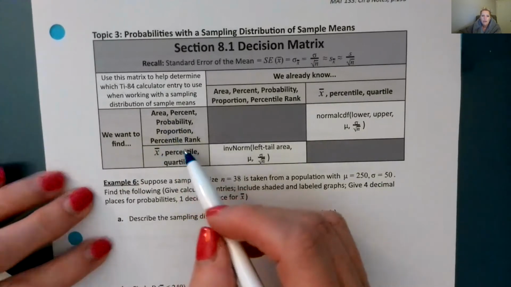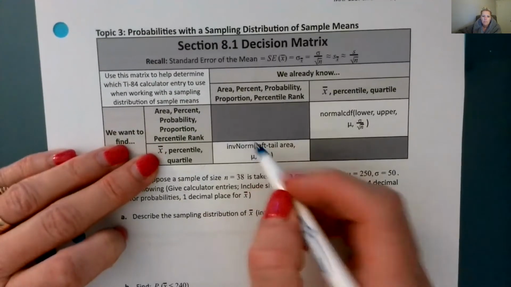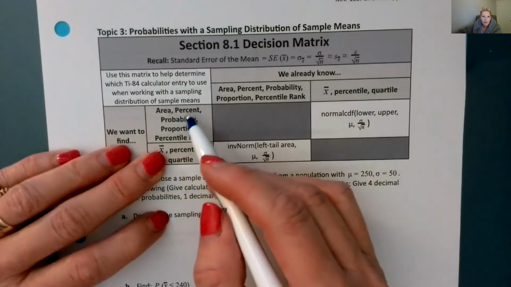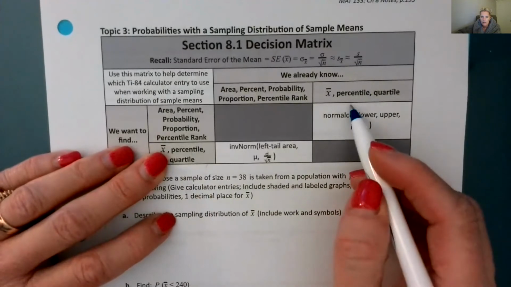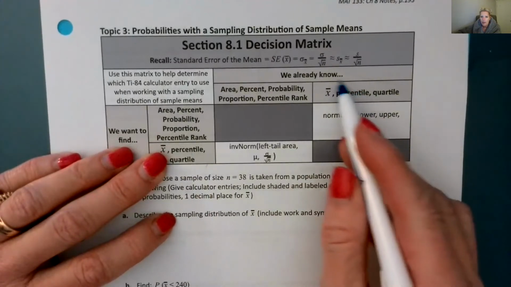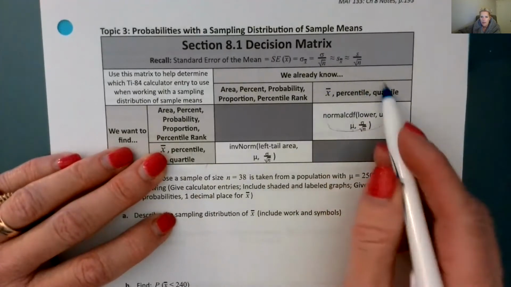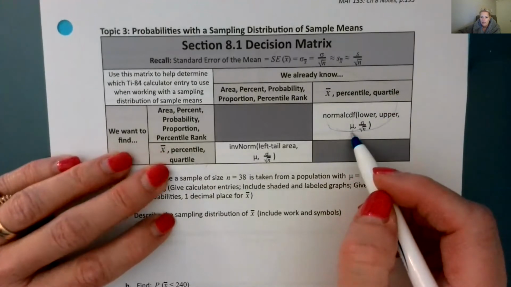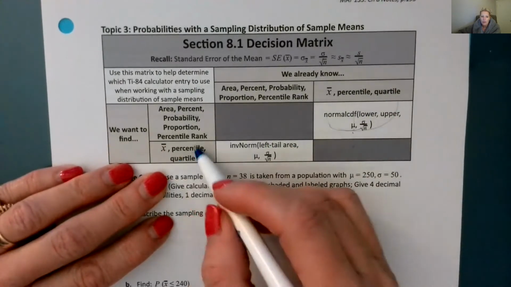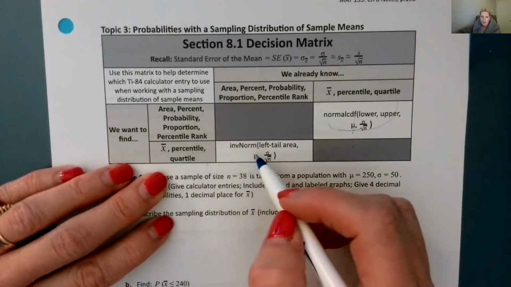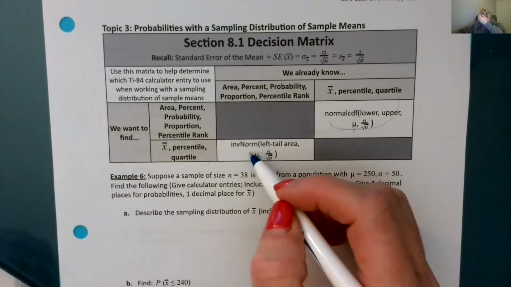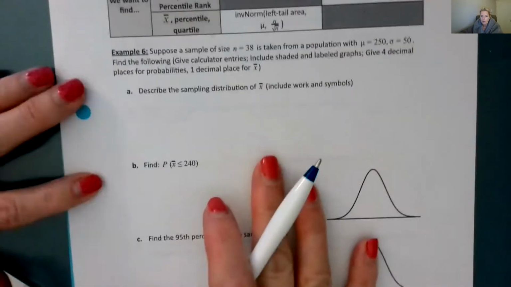So if we want to find area or percent or probability or percentile rank, then we're going to use our X bar and our quartile to find that. Otherwise, we're going to put in our percentile or our X bar, and we're going to use inverse norm. Okay, but I'm going to show you in StatCrunch.